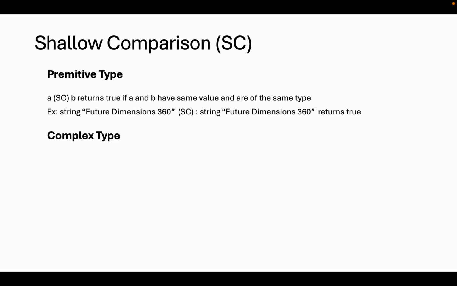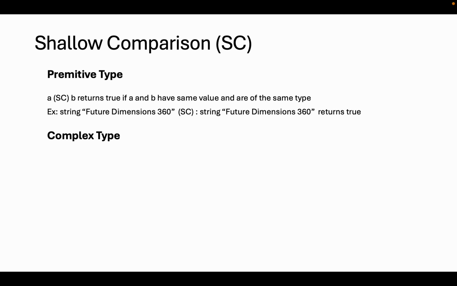What is shallow comparison? Let's talk about it in two different types: one is primitive type and one is complex type. In primitive type, as I showed you in my last example, shallow comparison returns true if A and B have the same value and same data type.